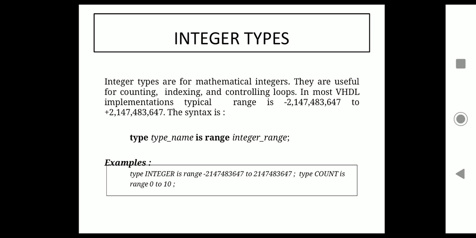Here is an example: type integer is range with the maximum range that we have defined, then type count is range 0 to 10. So here you are defining a particular range, that is 0 to 10, while in the first case we defined the maximum range. So this is about the integer.